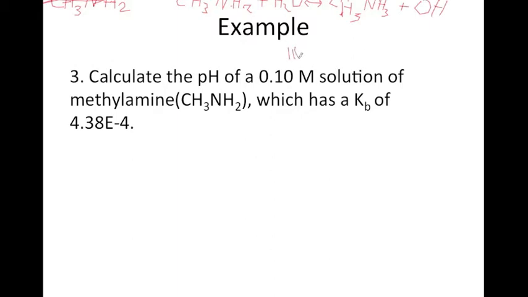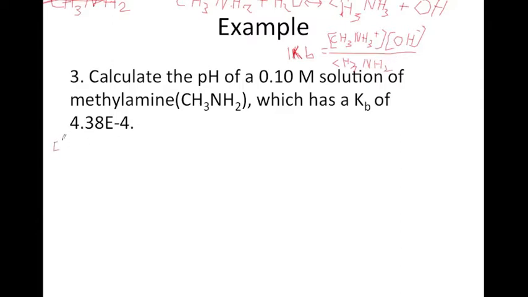To find the Kb, Kb equals your conjugate acid ion times your conjugate base ion over your base. So it would be CH3NH3+ times OH- over CH3NH2.